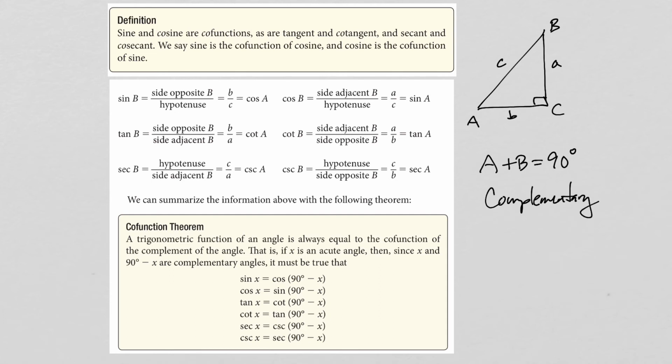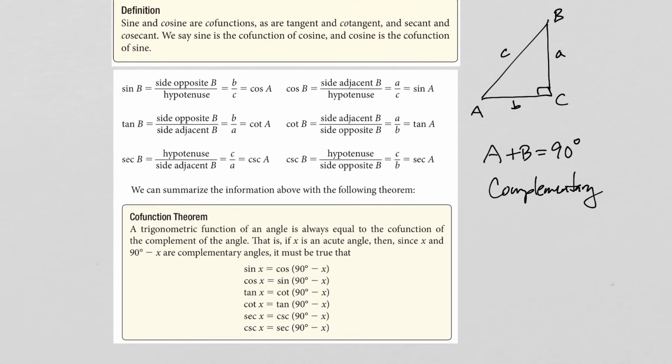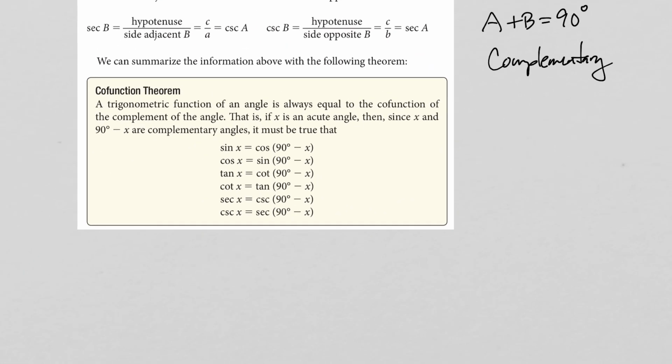So that leads us to something that we call the cofunction theorem. The cofunction theorem simply says a trigonometric function of an angle is always equal to the cofunction of the complement of the angle. And let's remember that if you have an angle x degrees, the complement of that angle is 90 degrees minus x degrees, right?